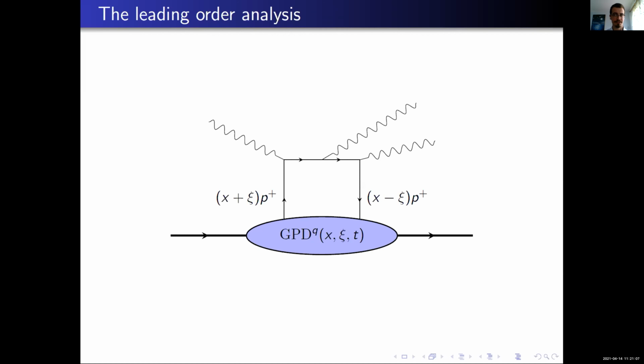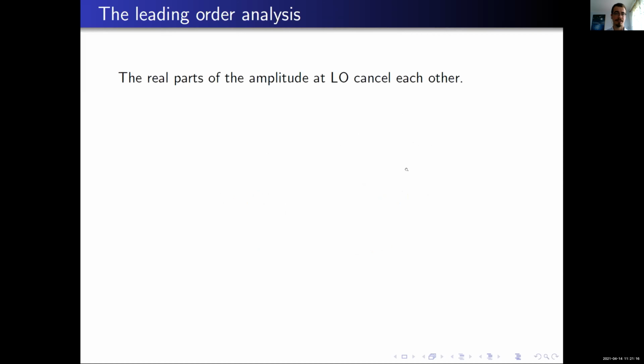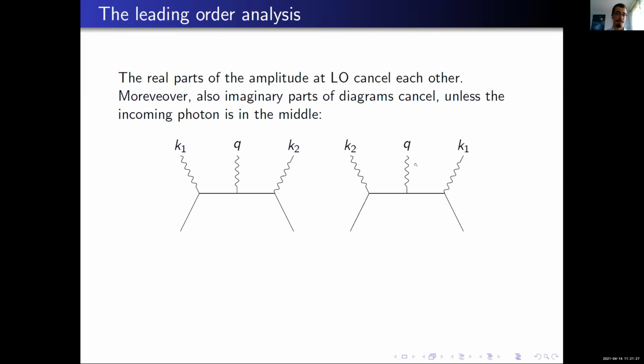And it turns out that at the leading order, such an amplitude has many interesting features. The first one is that the real parts of the amplitude at the leading order cancel each other. And moreover, there is a cancellation also of imaginary parts of diagrams, unless the incoming photon is in the middle.